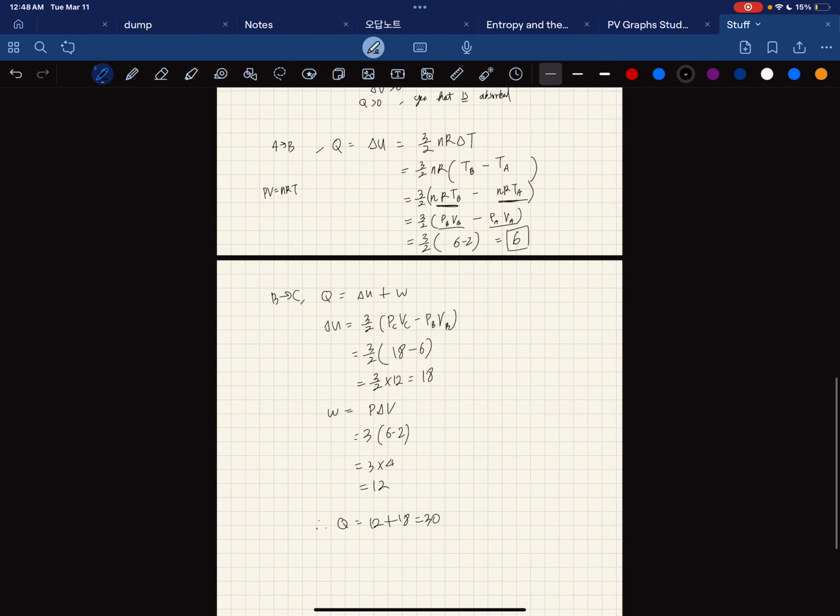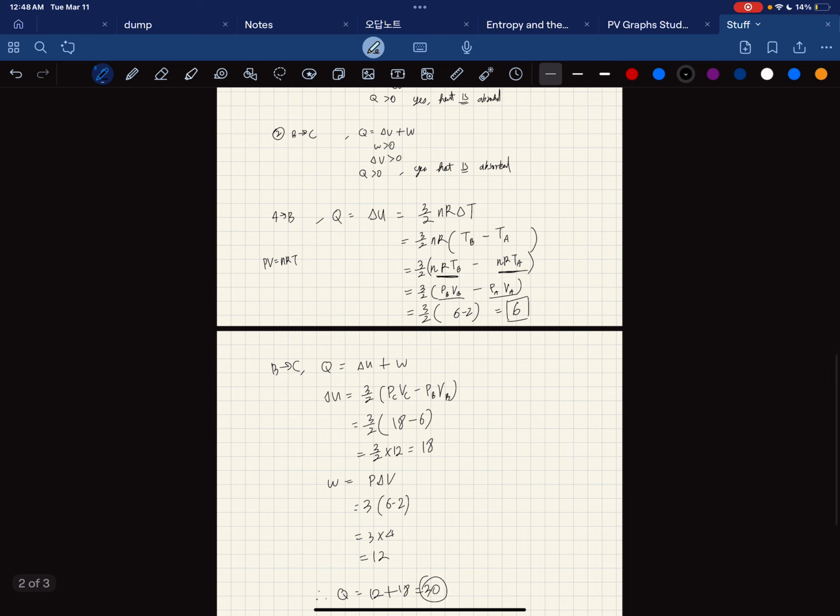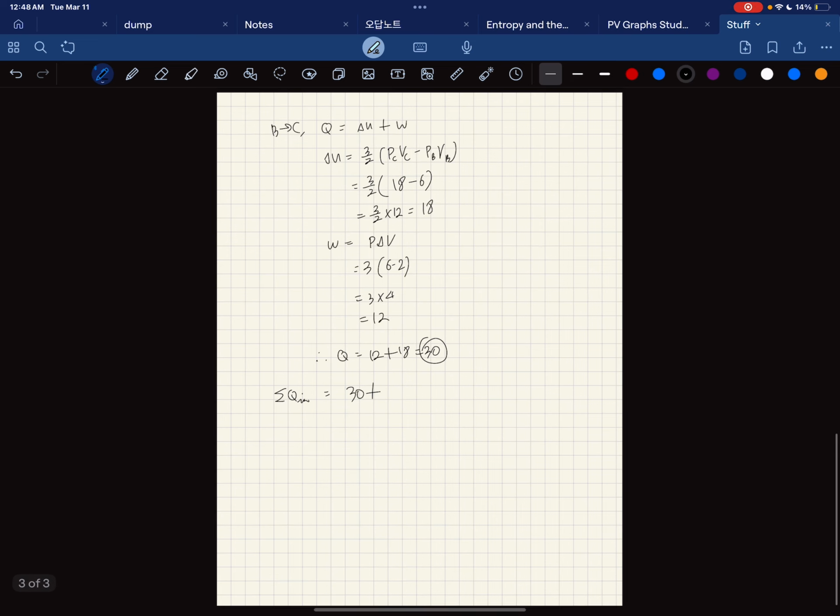But we have to find the total Q in, which is 30 plus 6, which is 36. And again, efficiency is net work done divided by net Q in, so 36.